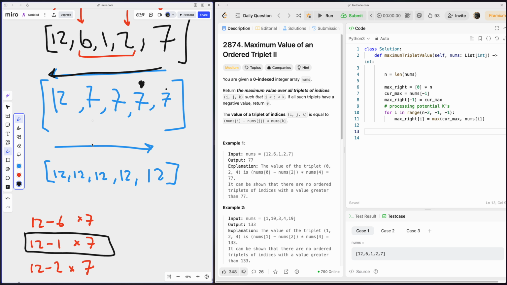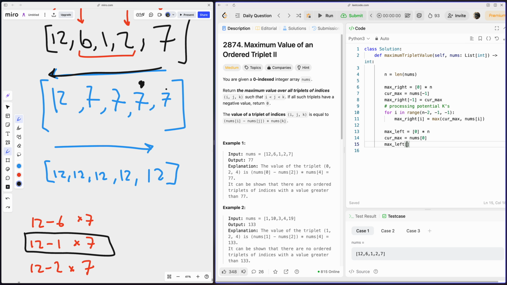We're going this way. We want to find the max going left. Max left means whatever index we are, what is the max to the left of it? And that is gonna have a similar style. Cur max is nums at 0.